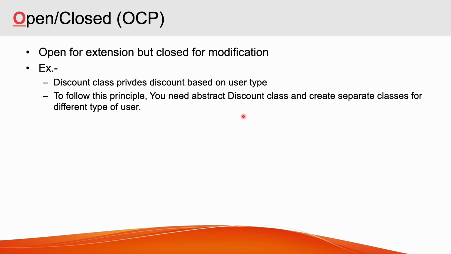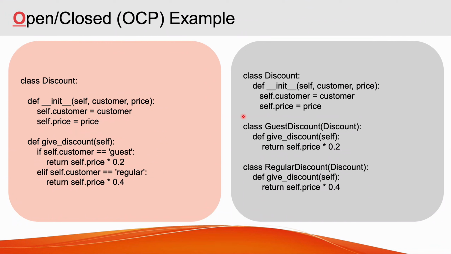So let's see a code example of exactly what I explained. On the left side, there is a discount class with a give discount method. A lot of if conditions will pile up once you add more and more types of customers, right? But in this case, the discount class is a base class, and you extend that class into two different classes, guest discount and regular discount, and both implement the give discount method and return a 20% discount for guest and a 40% discount for regular.